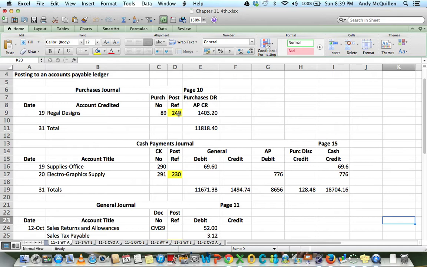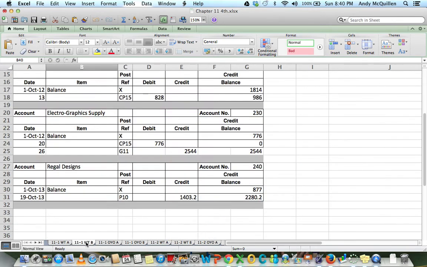Number 3 says post the accounts payable debit line on the cash payments journal to the accounts payable account for electrographic supply. Now remember, we're dealing with accounts payable here, therefore we're only dealing with the accounts payable column here. So we're down to October 20th, electrographic supply, and we have a 776 debit to accounts payable, electrographic supply.